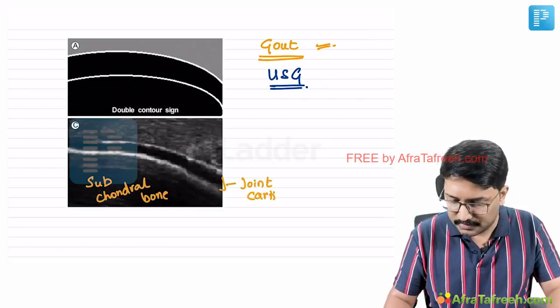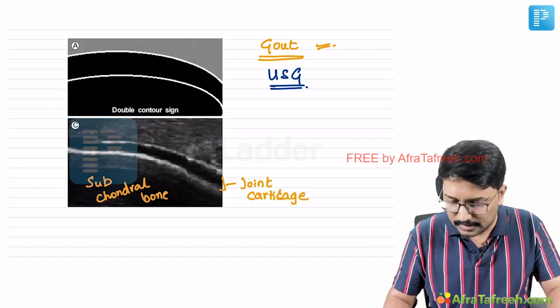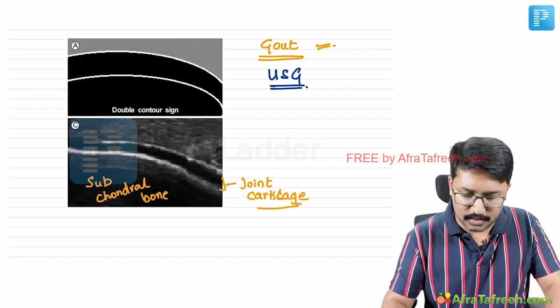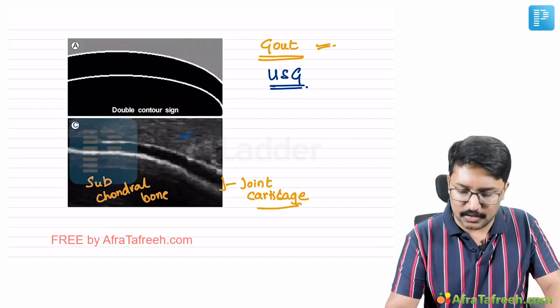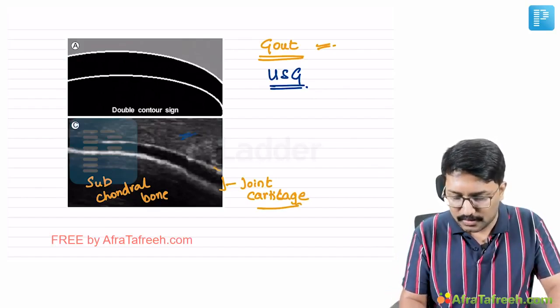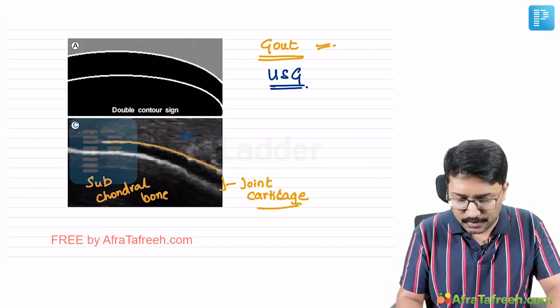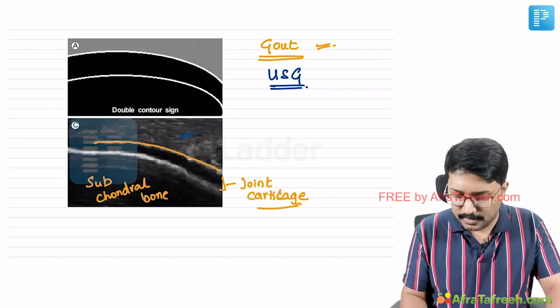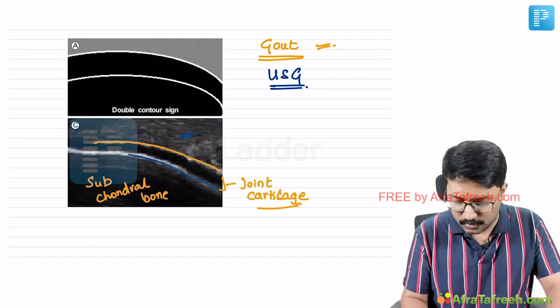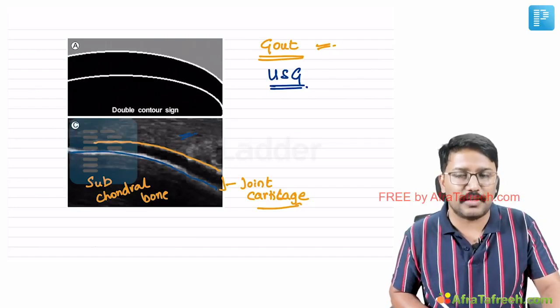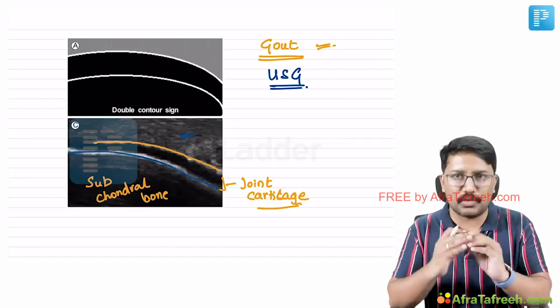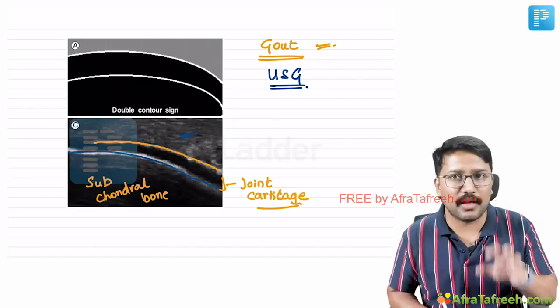Now what happens in patients with gout is there are increased monosodium urate crystals in the joint space, and these urate crystals get deposited on the outer surface of the joint cartilage. So we are seeing one hyperechoic zone here, the blue line that I am drawing. That is the subchondral bone, right? The periosteum of the bone definitely is echogenic, right?